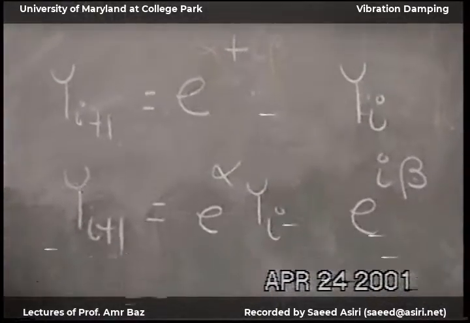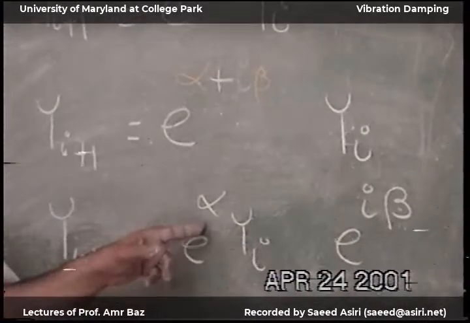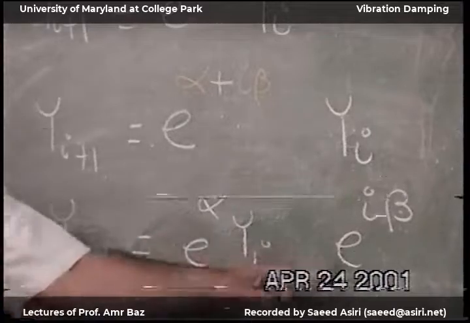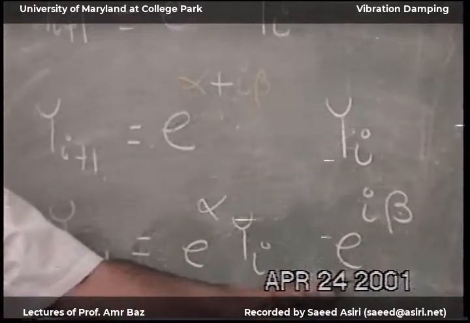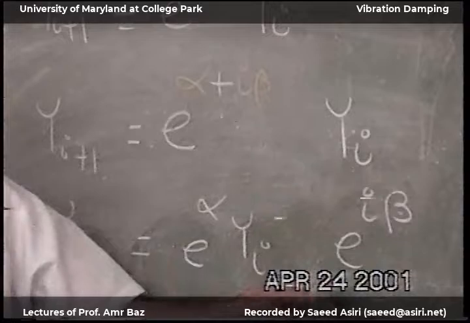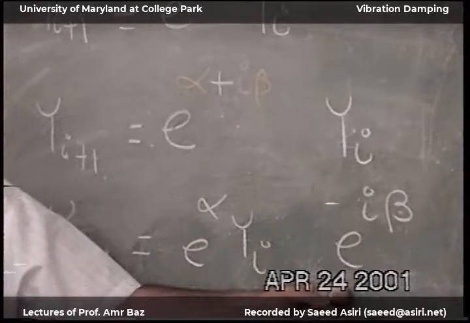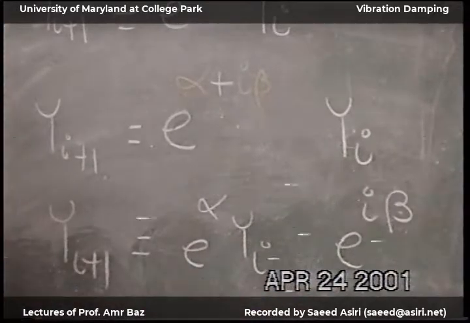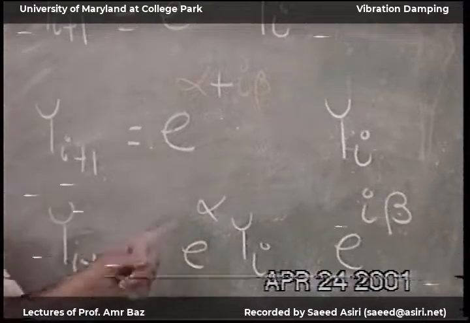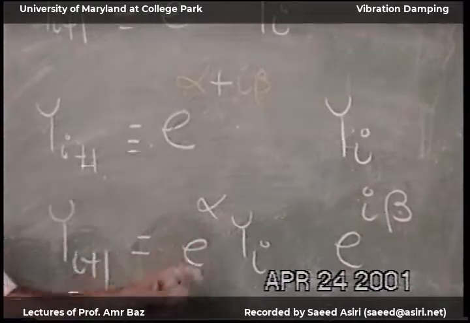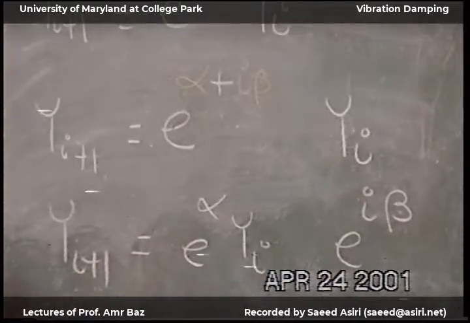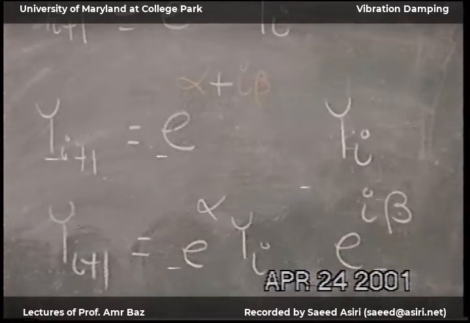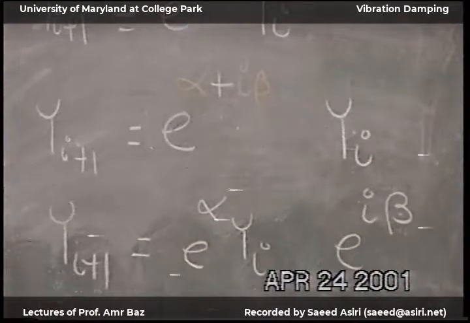I can have cases where alpha is equal to 0. So the absolute value of this number, because I can expand it to cosine plus i sine, is equal to 1. So if alpha is equal to 0, this will equal this. And that's what you will see in propagation in rods.